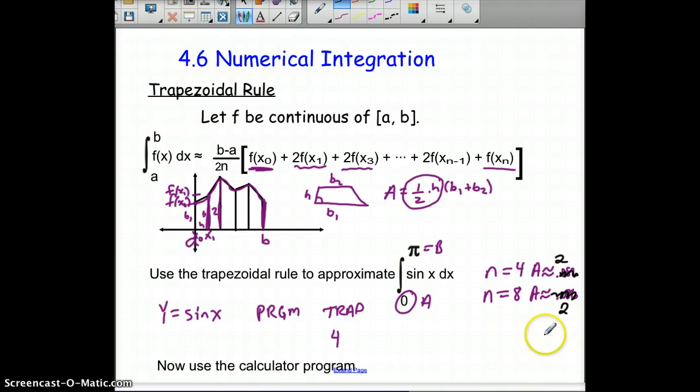Sorry about that. So if you put your calculator in the right mode and you do the trapezoidal rule with 4 subintervals from 0 to pi, you get 1.89611. And then if you do 8 subintervals, you get 1.974.